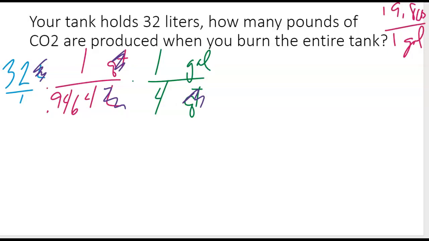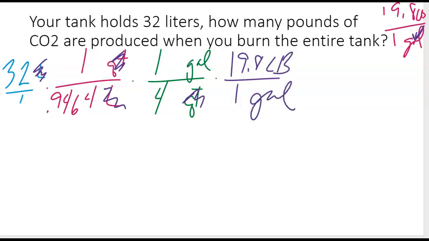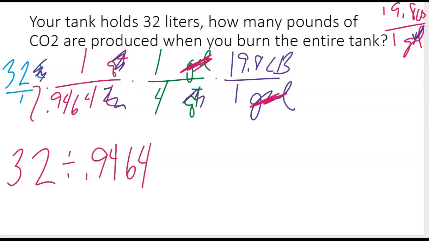Whew, that's good because I need gallons so that I can do my final piece, 19.8 pounds is 1 gallon of gas. Again, I need the gallons to be in the bottom in that last identity ratio so that they cancel out. Now I'm ready to do my math. So I start with 32. I divide because the number is in the denominator, 0.9464.